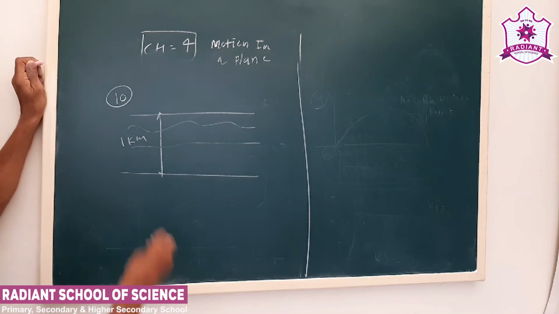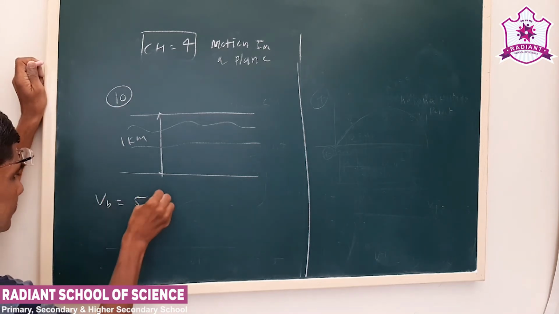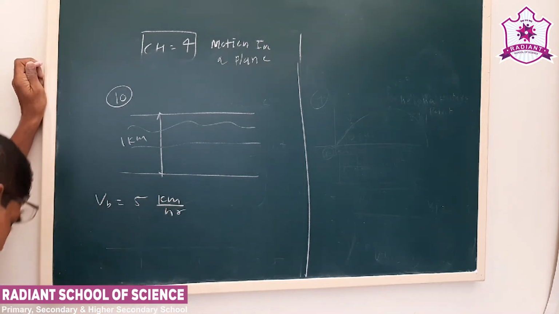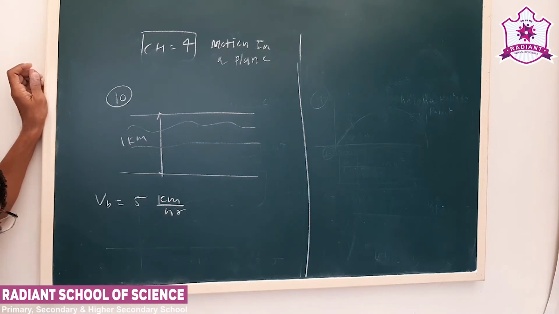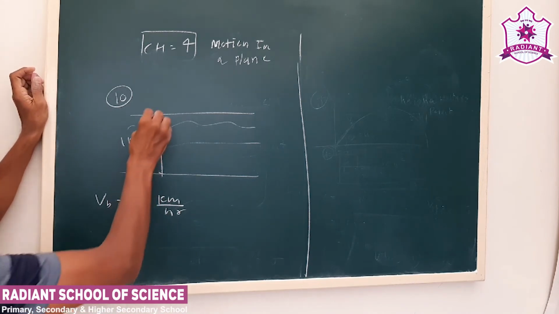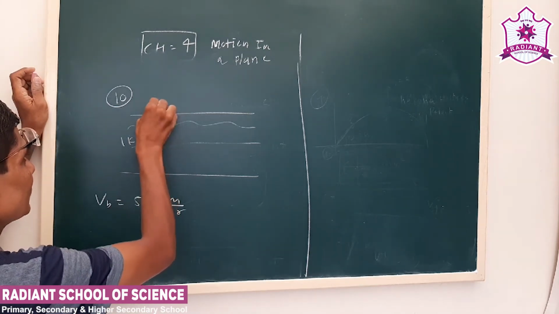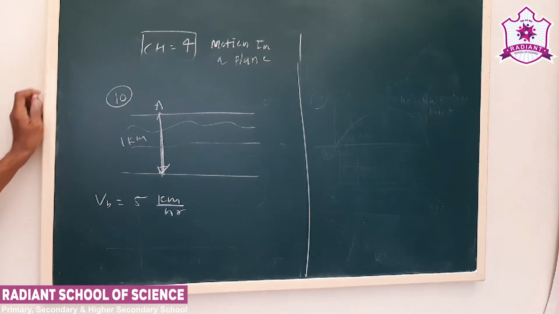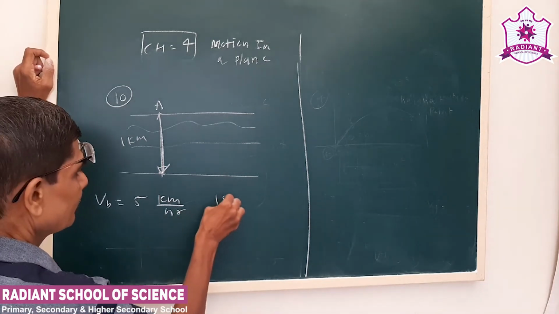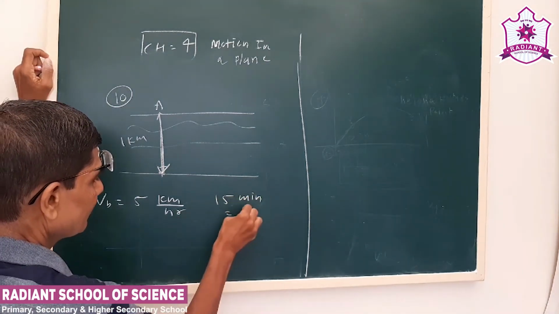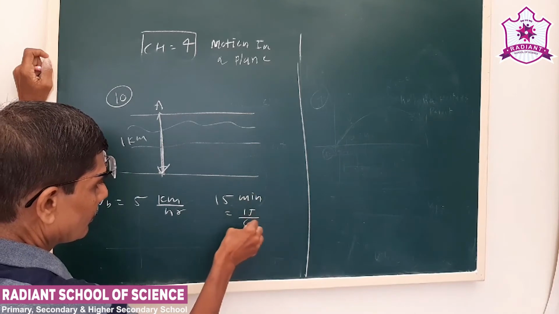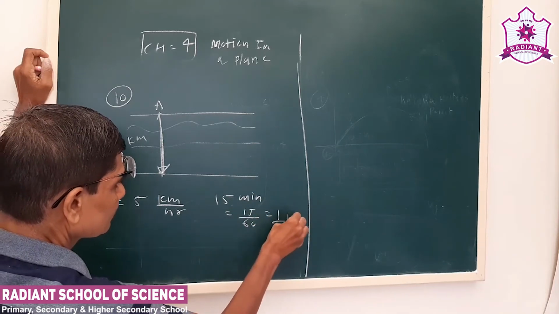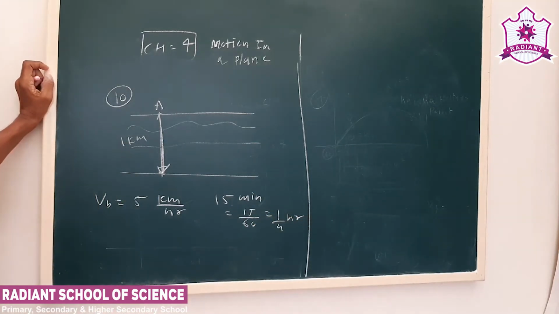The boat crosses the river in 15 minutes, moving on the shortest path. This will be the shortest path. Let us say you want to cross from A to B in 15 minutes. Now 15 minutes is 1 by 4 hours. So what is the velocity of the flow of the river?